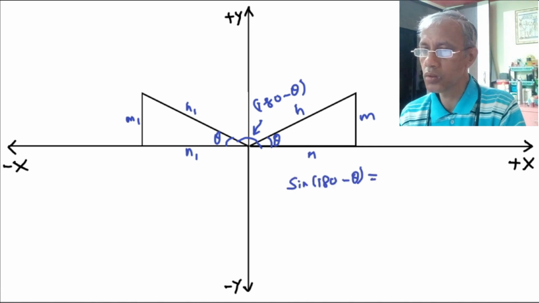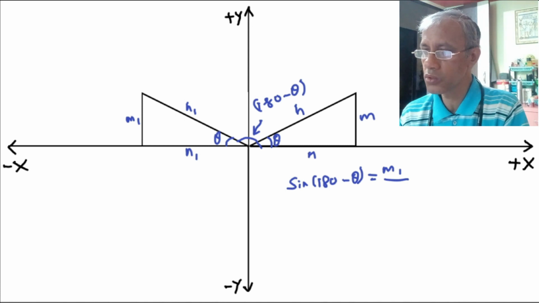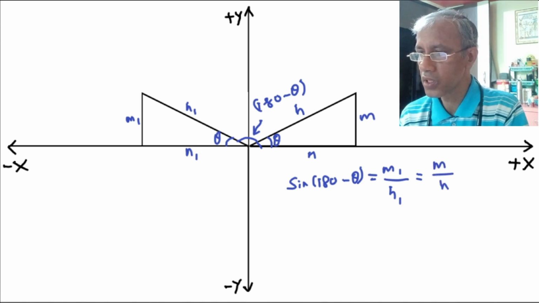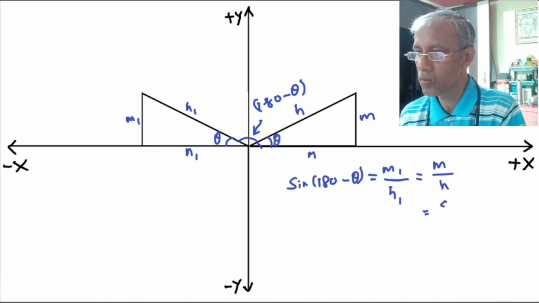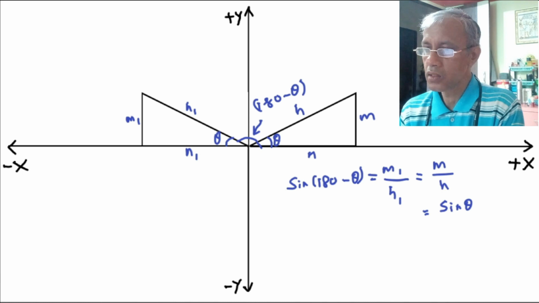That would be equal to M1 upon the hypotenuse H1. The ratios are similar to M and H. That would be equal to sine theta. Here it can be seen that the sine function remains as the sine function without changing its polarity. That means the sine function does not get changed over to the minus of sine function.